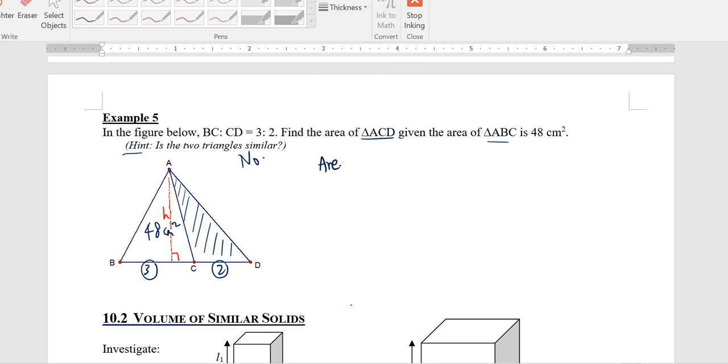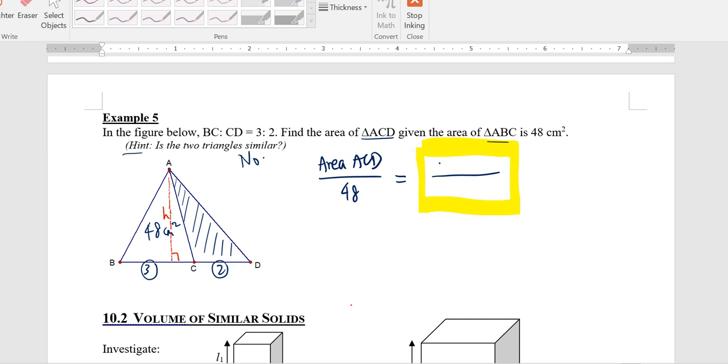What we want to find is area ACD, and we are given area ABC. But over here, I'm not going to do what we have done previously. Because they are not similar triangles, I'm going to go with the most manual way of finding area of a triangle.